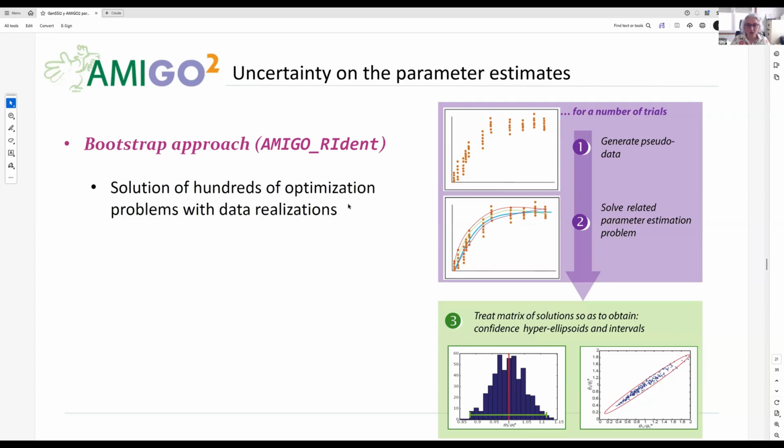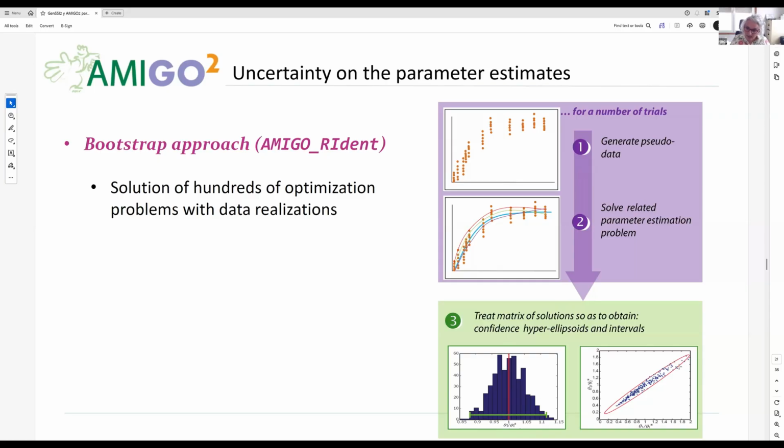But you can also do it with a bootstrapping, more robust approach using the function AMIGO RIDent. And the idea behind it is to run typically several hundreds of realizations of the experimental data using the information on the experimental noise, and then perform an analysis of the parameter results achieved.